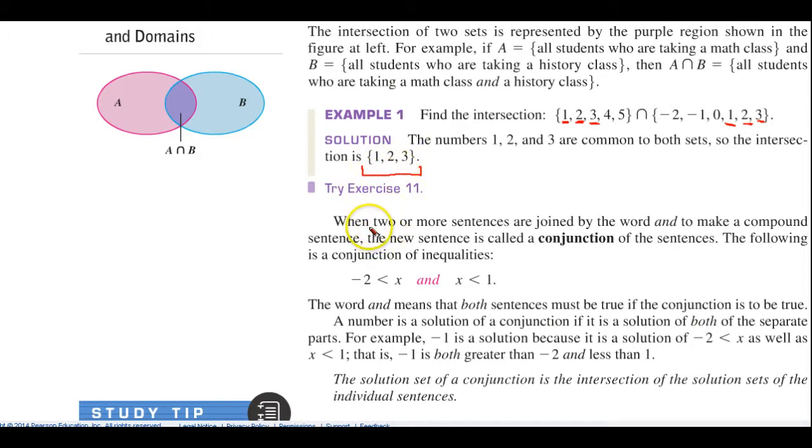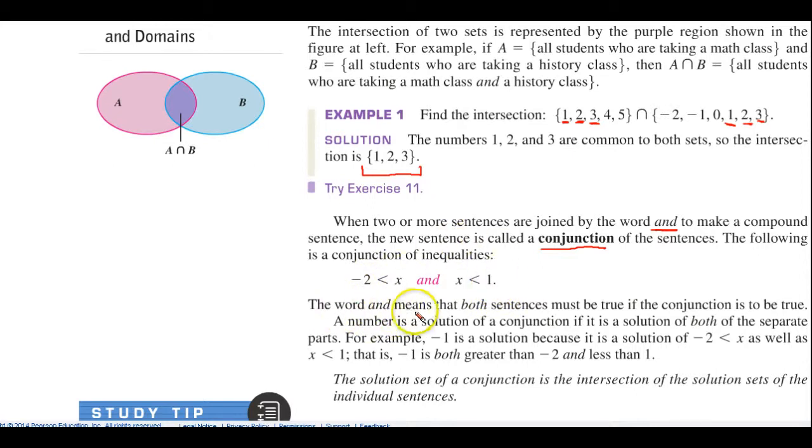Now for a little vocabulary, when two or more sentences are joined by the word "and" to make a compound sentence, the new sentence is called a conjunction of the sentences. The following is a conjunction of inequalities: negative 2 is less than x, and x is less than 1.